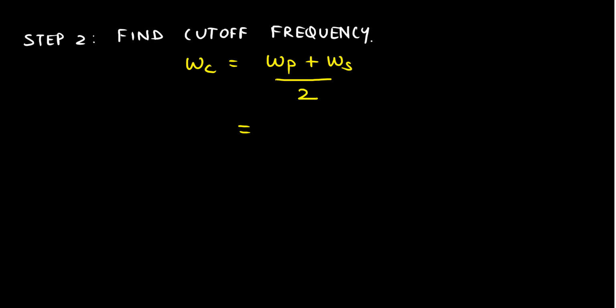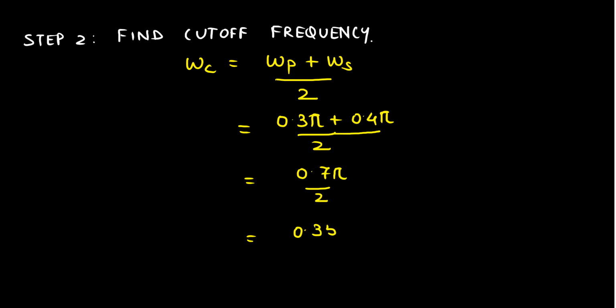So we have 0.3 pi plus 0.4 pi divided by 2, which is equal to 0.7 pi by 2, that is equal to 0.35 pi. So the cutoff frequency value we obtain as 0.35 pi.